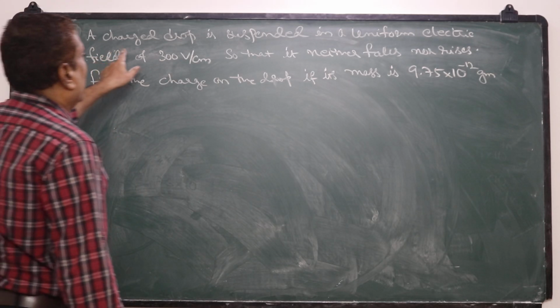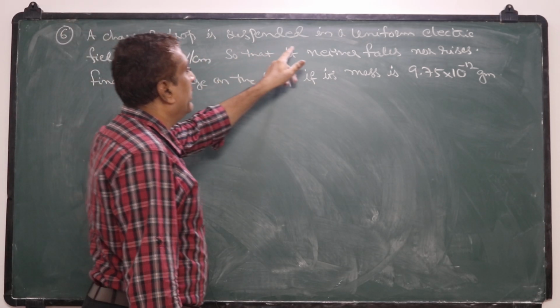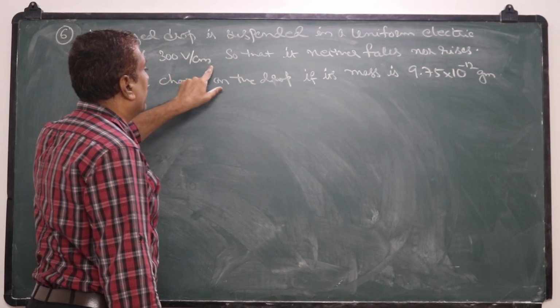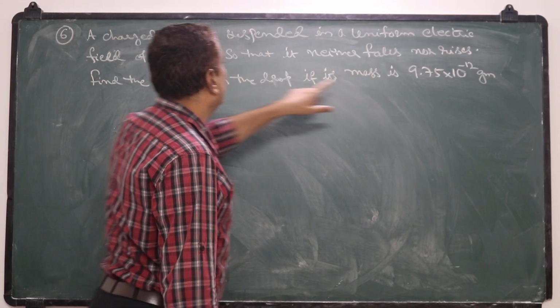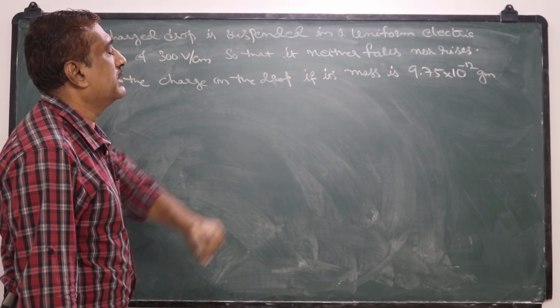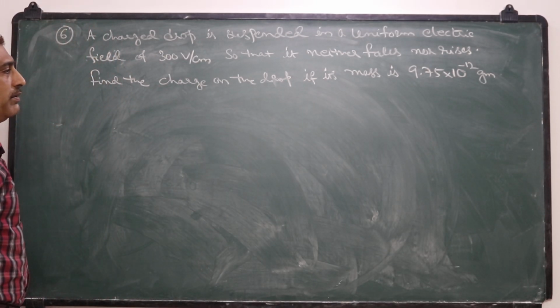So, a charged drop is suspended in a uniform electric field of 300 volt per centimeter, so that it neither falls nor rises. Find the charge on the drop if its mass is 9.75 10 power minus 12.